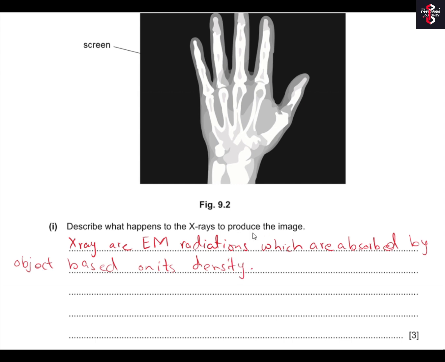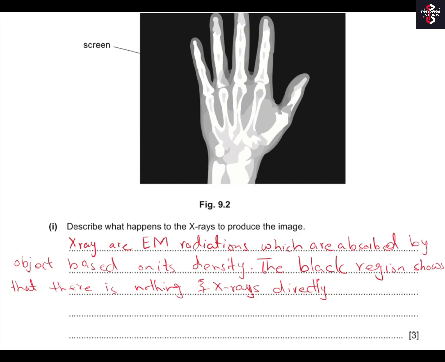The whole black region shows that there is nothing present, and X-rays directly fall on the photo plate.